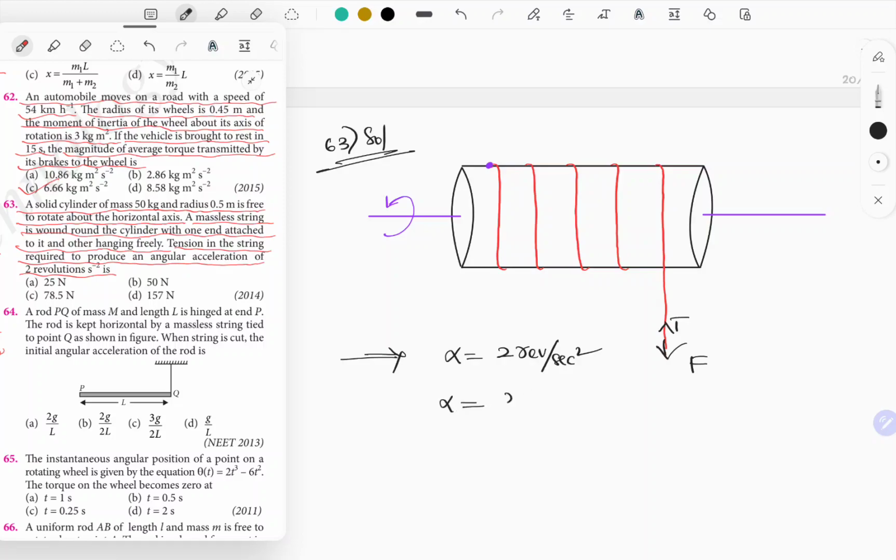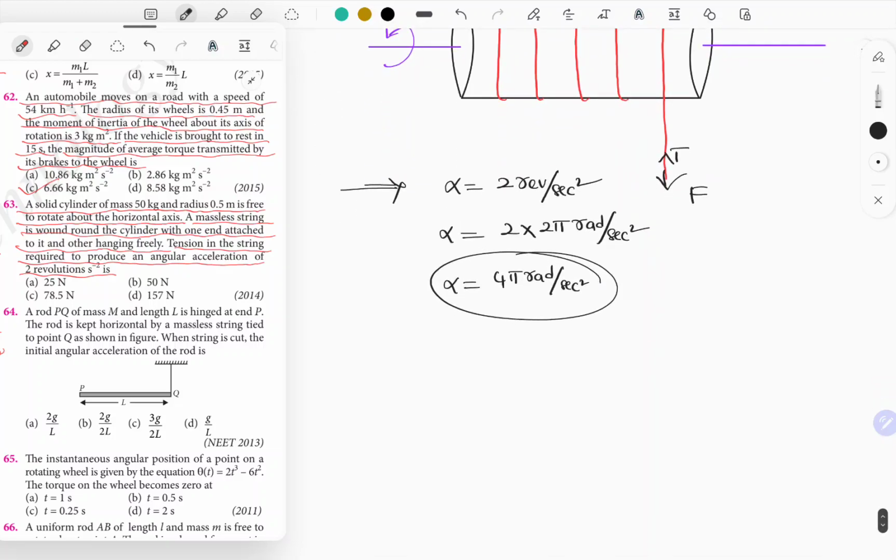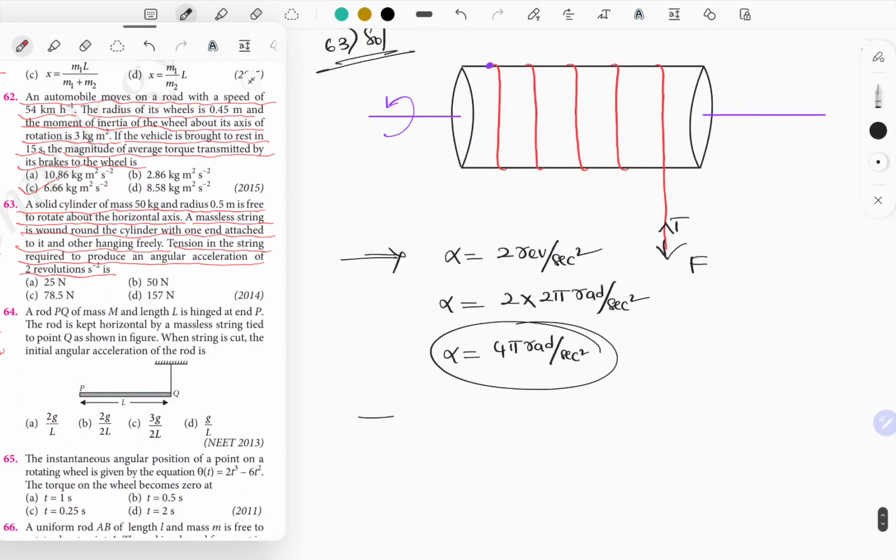Alpha is equal to 2 into 2 pi radians per second square, so alpha is equal to 4 pi radian per second square. This is the value of alpha. Let me find the force from this.